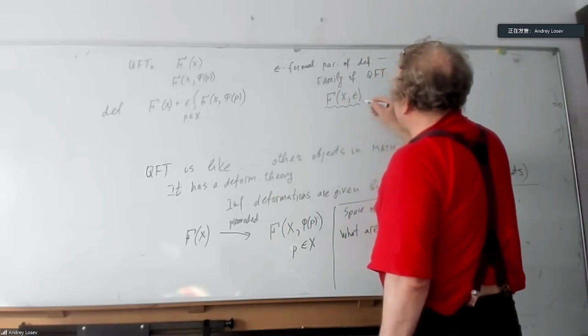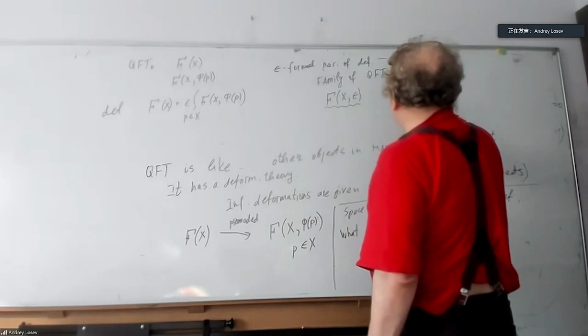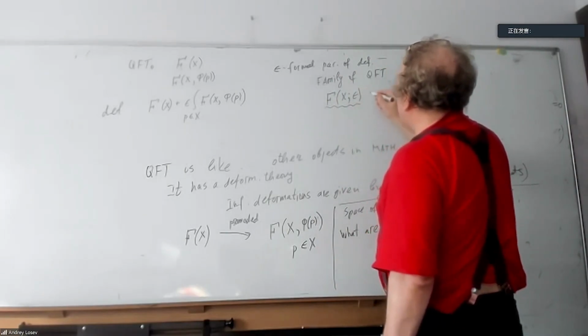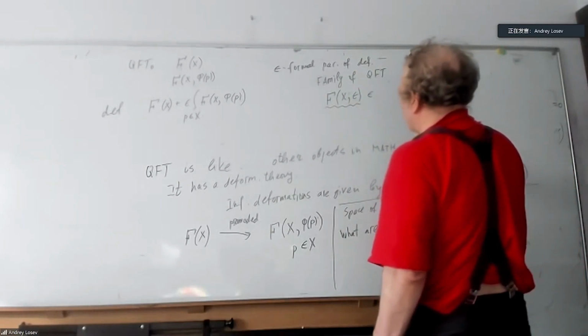So we need to consider the functor applied to X and epsilon. Let us see where it belongs.